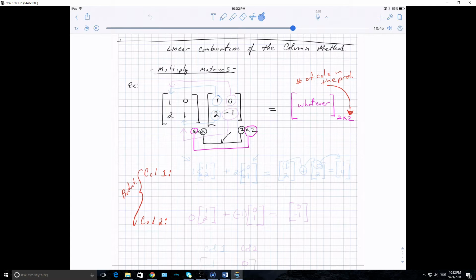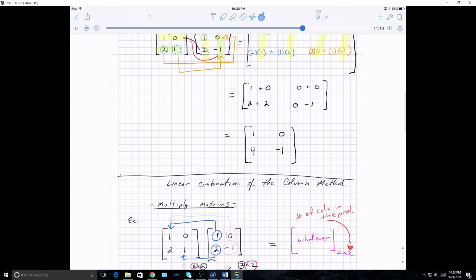I'm going to take the first element of the second matrix and multiply it by the first column. So I'm actually taking 1 of the first column, and then we're going to add 2 of the second column. So you see that was the second element. Now, let me go back up for a moment and show you something.